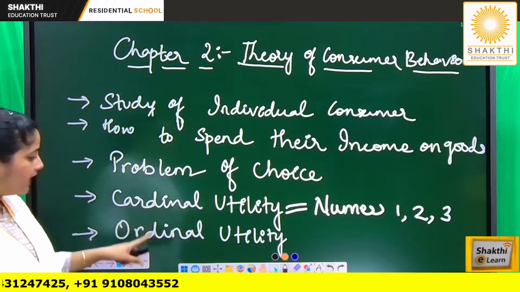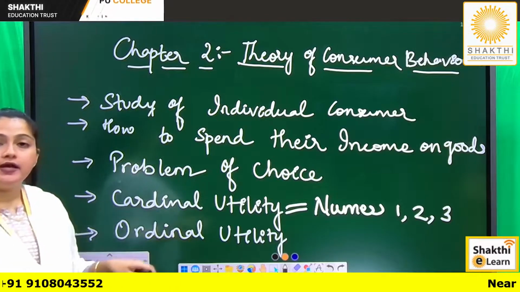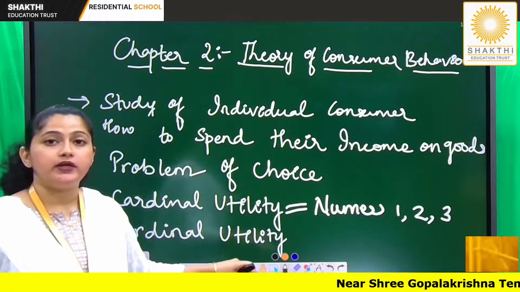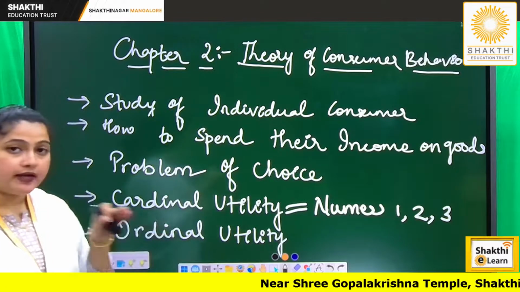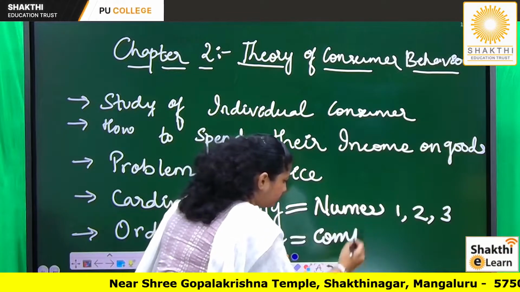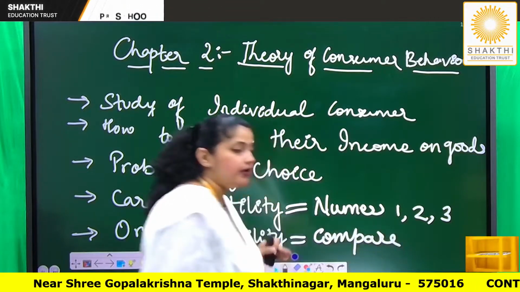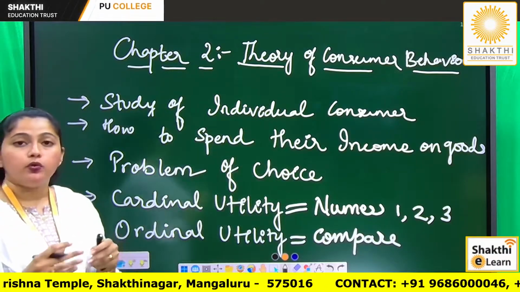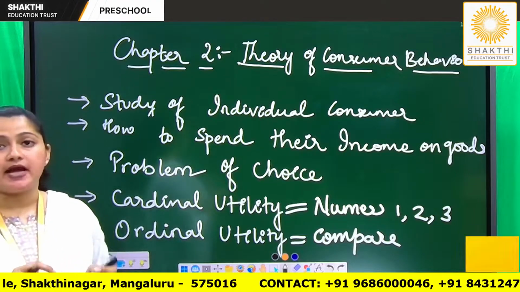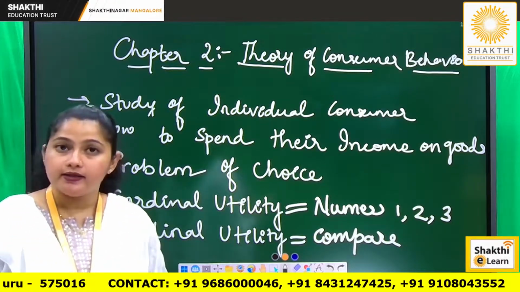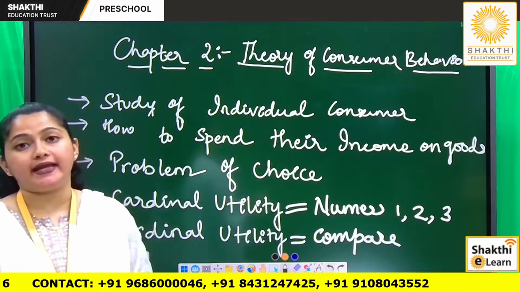Whereas the last point which I have mentioned is ordinal utility. Here you cannot measure the utility in terms of numbers, but you compare the utility. For example, you compare the satisfaction you derive by eating mango and the satisfaction you derive by eating apple.